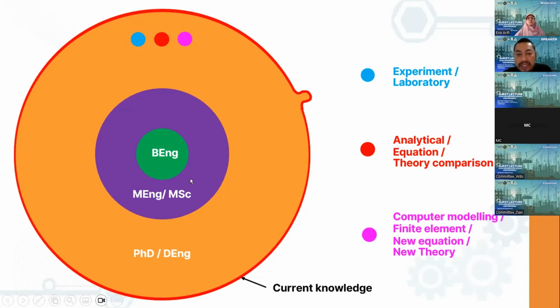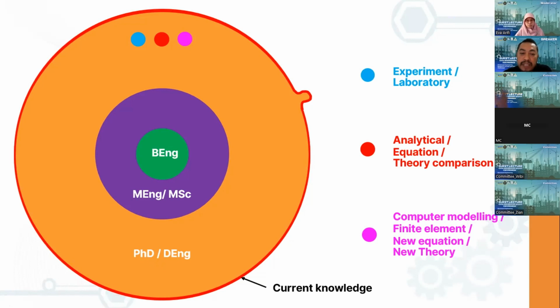You need this. And when you move to master level, for example MSc, I would say you need at least 2 of these 3. It can be experimental study, analytical study, and finite element study. But if you can do 3, that is the best. Okay. And now when you move to PhD level, I would say that the combination of these 3 will be great, and it can answer almost everything.